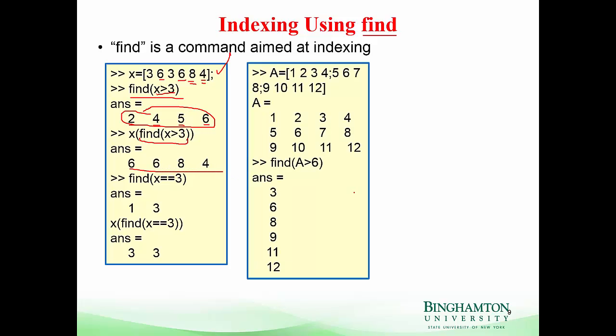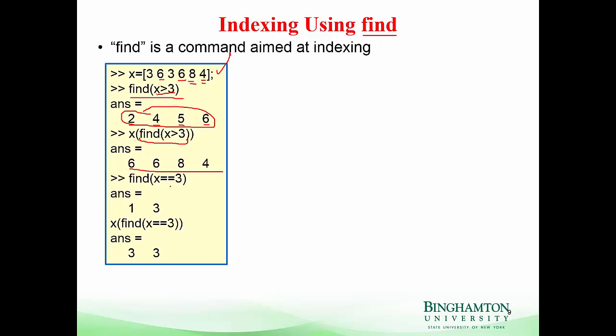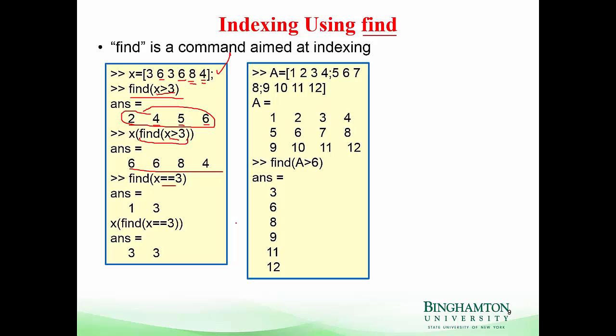So that's kind of nice. And so you don't have to just use greater than. You can do any of the comparative things that we talked about before. So you can do equal to, and so on. Greater than or equal to. Go back in the previous notes and look at all the different things that we talked about there.